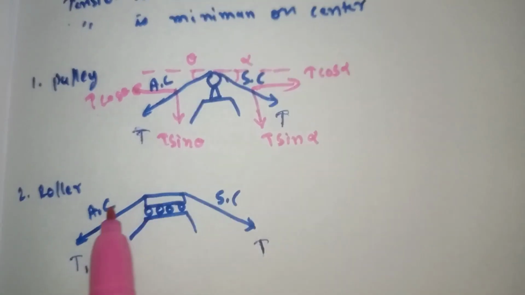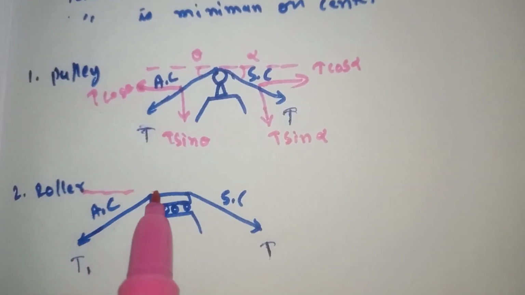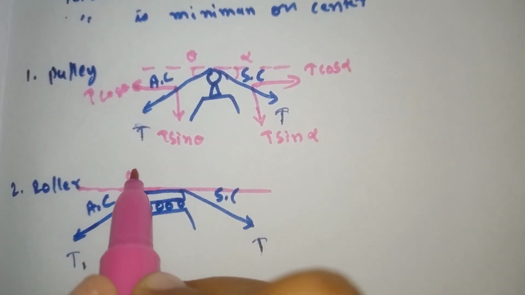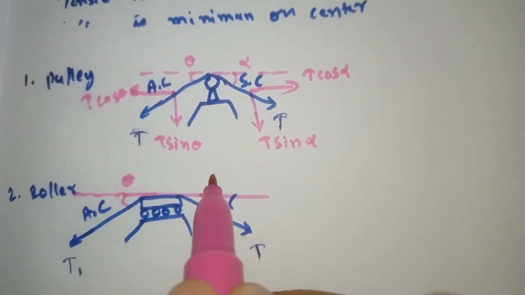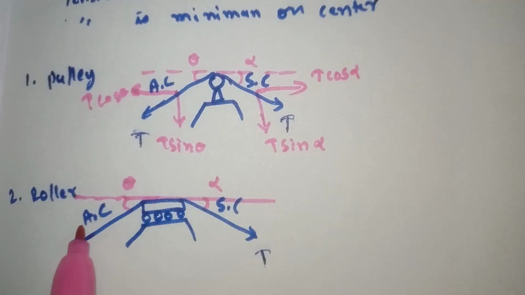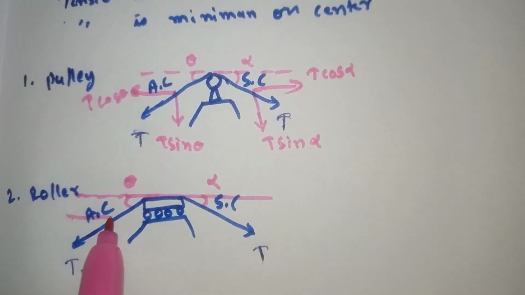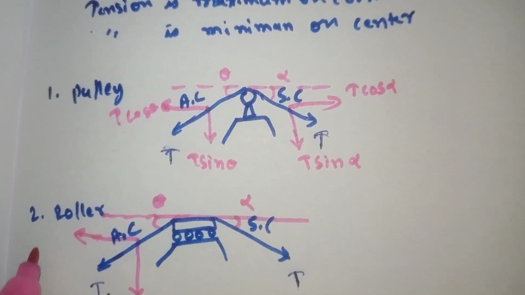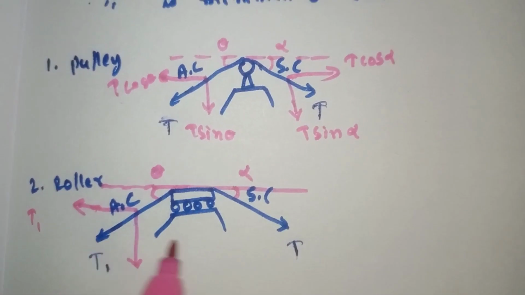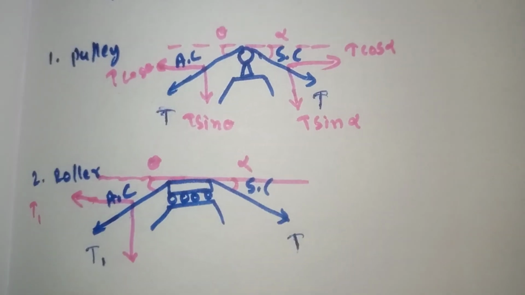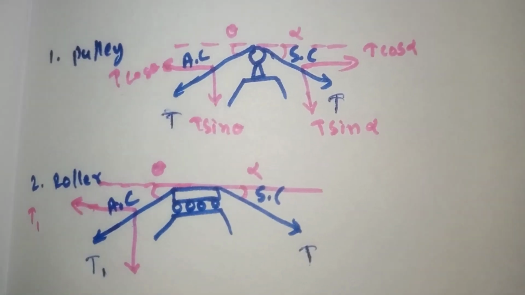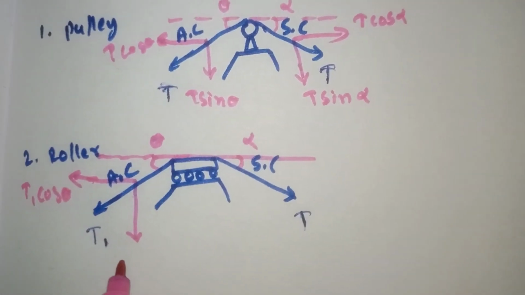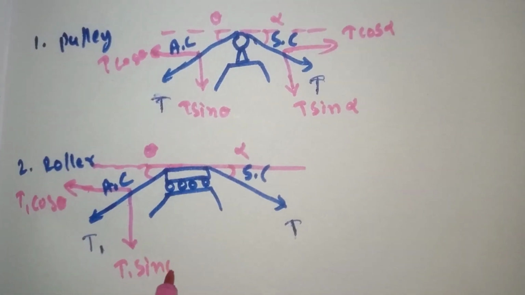When it comes to this roller support, again if you draw the normal line here, both angles are different, so one I call theta and the other I call alpha. Again the same: the one with the angle has the cos term and the other has the sin term. So for theta, T1 here, the tension will be different in case of roller, so T1 cos theta and T1 sin theta.